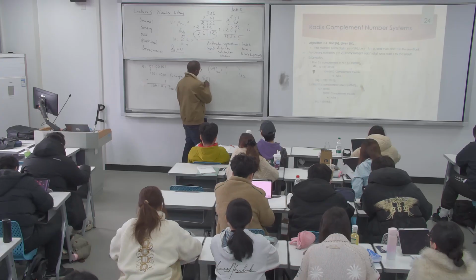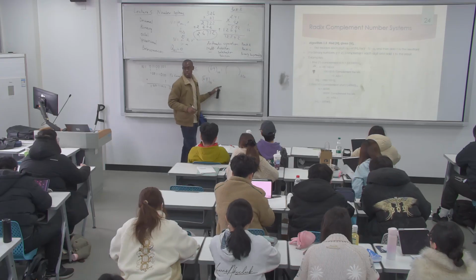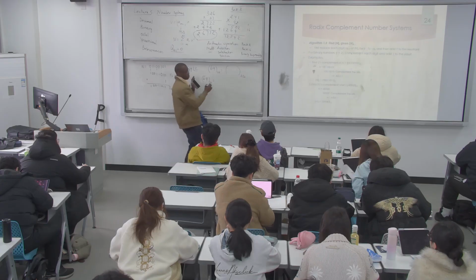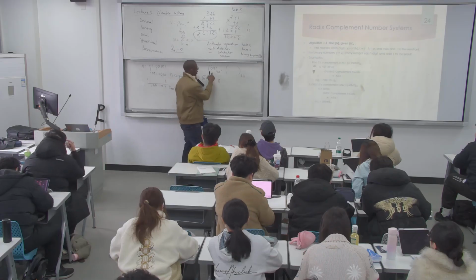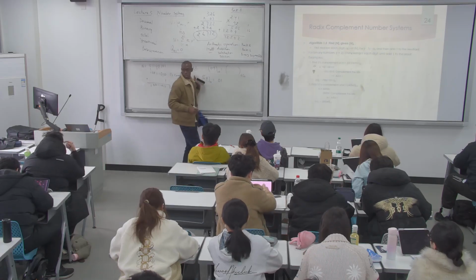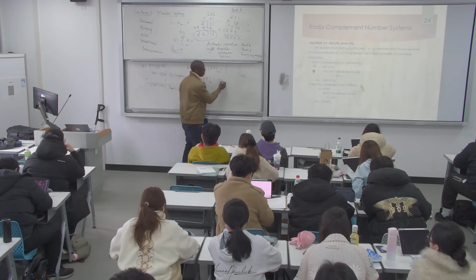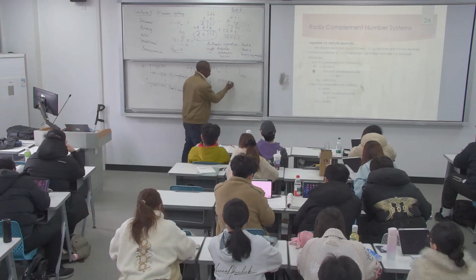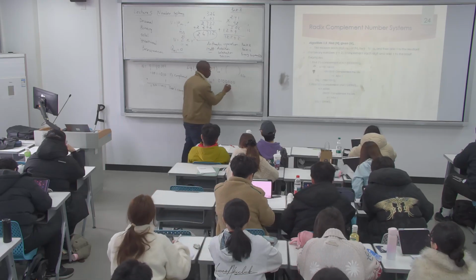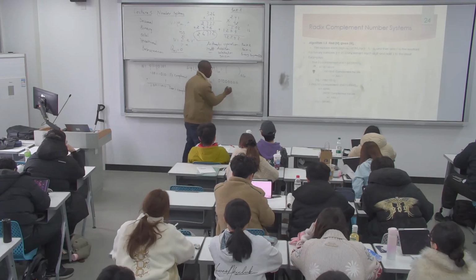64 in binary is how much? We have the most significant bit is 128, so we have 128, 0. Then we have 64, yes, 64, 1. That's it. Then 32 is 0, 16 is 0, 8 is 0, 4 is 0, 2 is 0, 1 is 0.